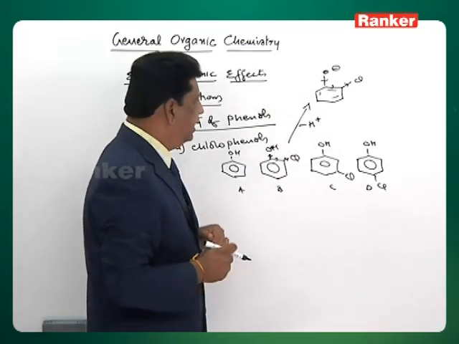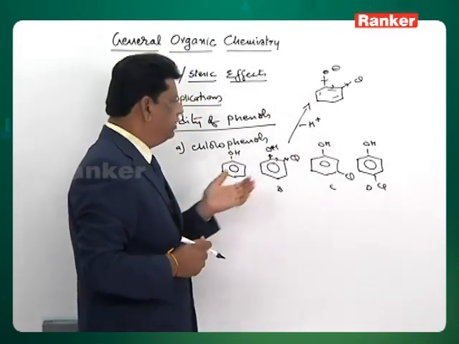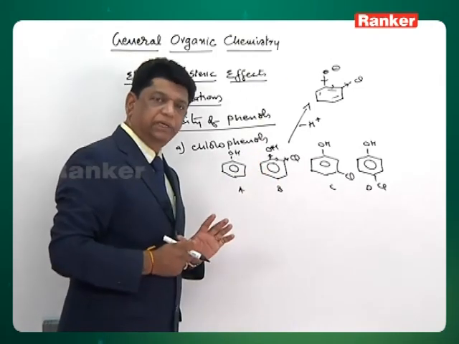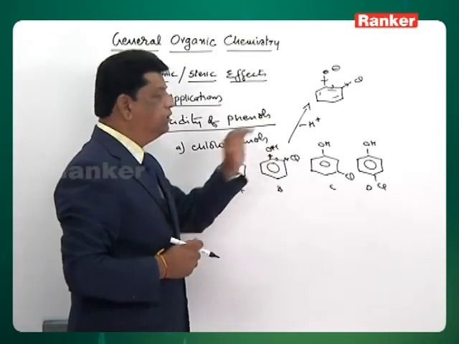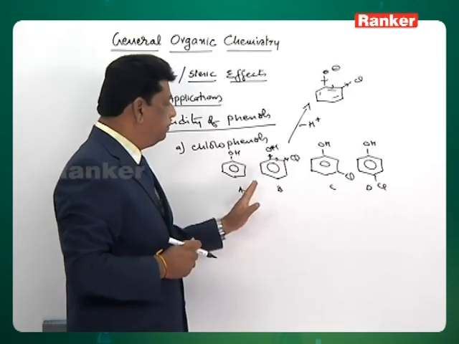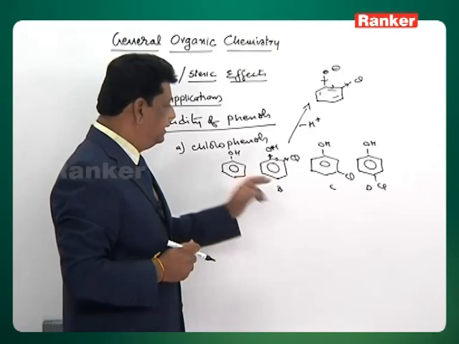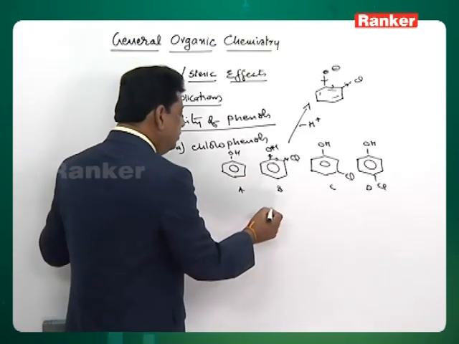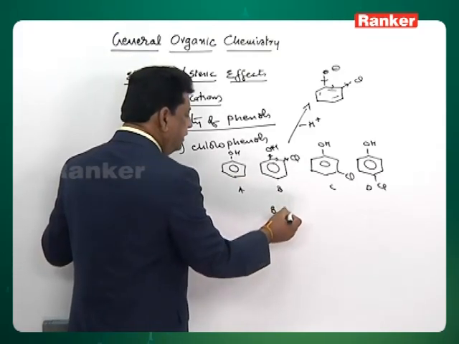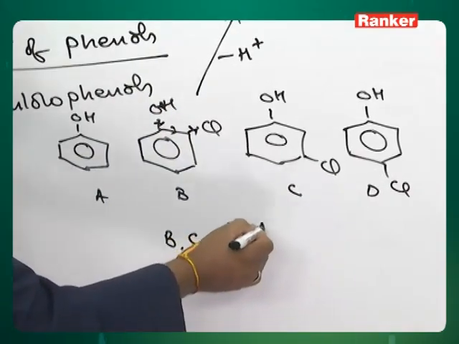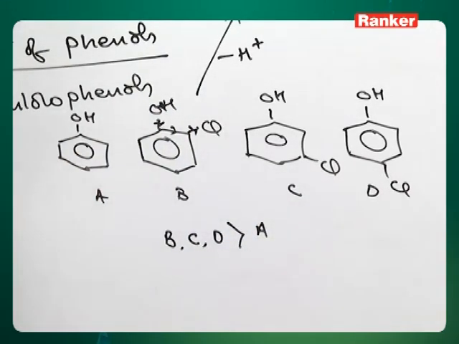So, therefore, the formation will become easy, that means the donation of the proton is easy. Therefore, all the chlorines will have a minus I effect, therefore, acidity increases. So, in one way you can say the compounds B, C and D are stronger than A. This is the statement 1 you can say.